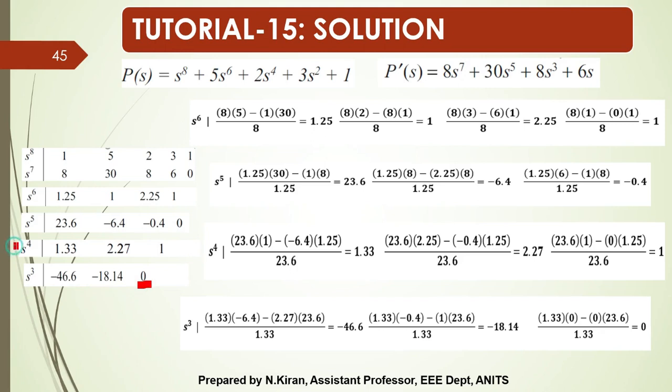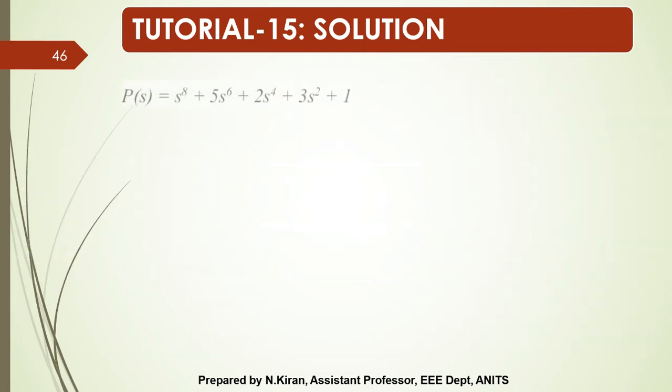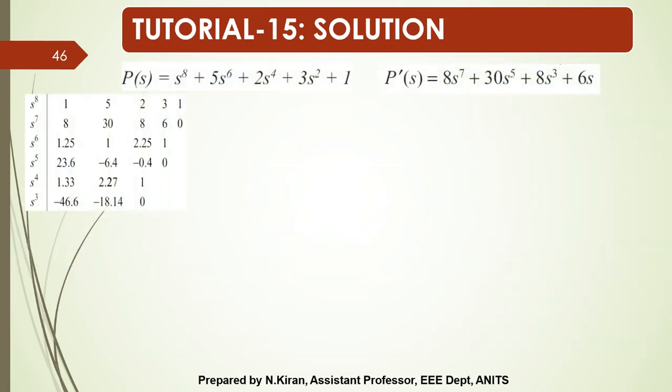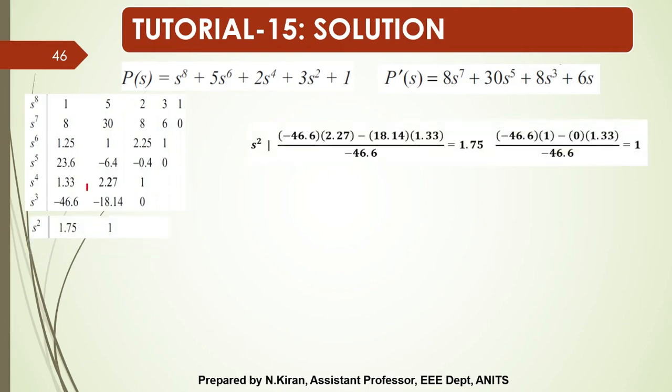Now considering these two rows, that is S power 4 and S power 3 row elements, and finding the remaining row table. So using a formula, I'll get minus 46.6 into 2.27 minus 18.4 into 1.33 divided by minus 46.6.